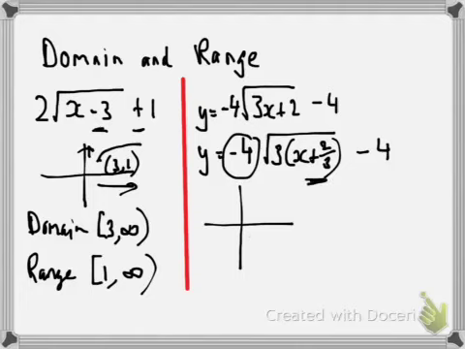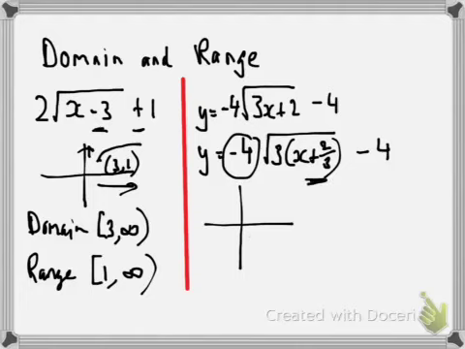So if we were to identify that, this is not to scale by any means, it's sort of here somewhere at negative 2/3, comma negative 4. And because it's been reflected in the x-axis, it's going to go down like that. So what does that mean for our domain and range?